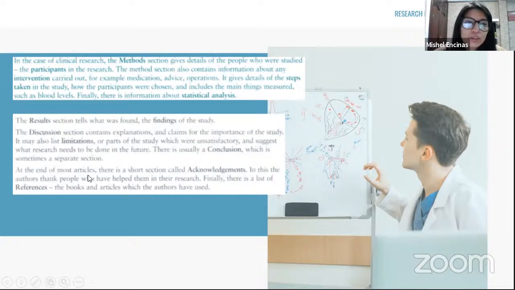At the end of most articles, there is a short section called acknowledgements. Okay, in this, the authors thank people who have helped them in their research. Finally, there is a list of references, the books and articles which the authors have used.